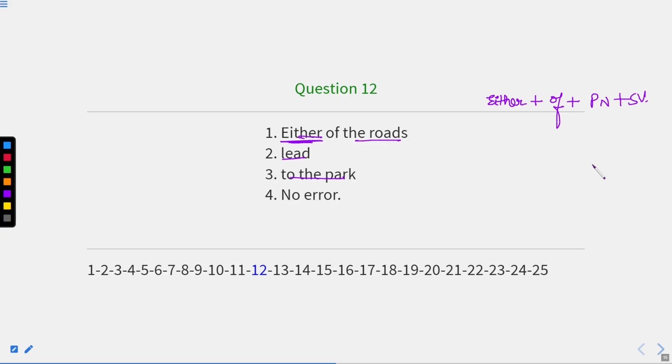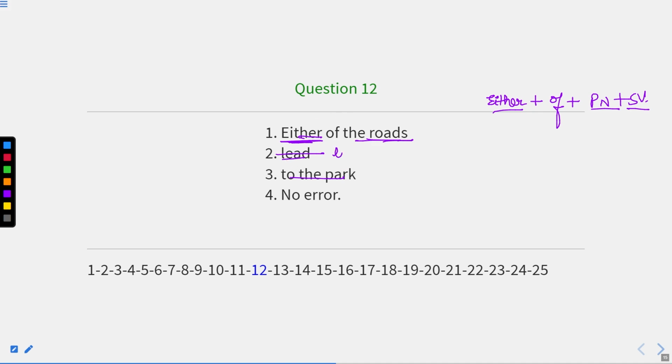When we make a choice between two, it means we selected one out of two. That means we are using the word either. And if we have used the word either, it means we have selected one from the two. So either of plus plural noun and singular verb should be there. Now either of the roads, this is fine, but we need to write singular form of verb.